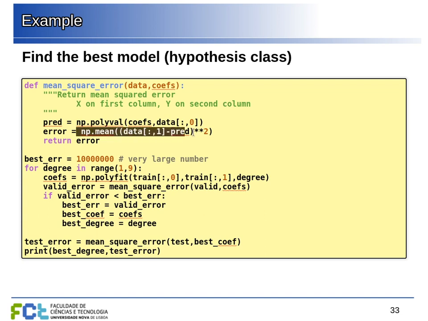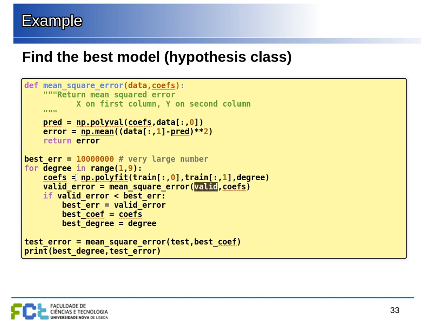So this is the mean quadratic error between the predictions of our hypothesis with those coefficients and the validation set. This means that for each degree, we can train the model, obtain a specific hypothesis, a specific set of coefficients, and measure the prediction error of that hypothesis on the validation set.